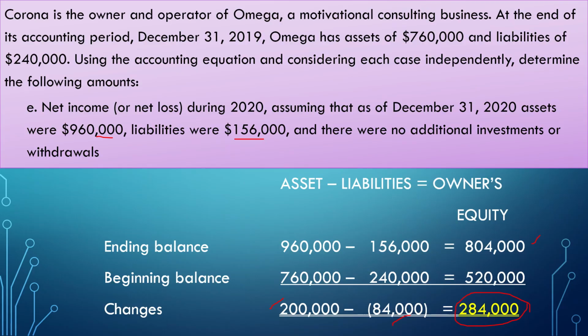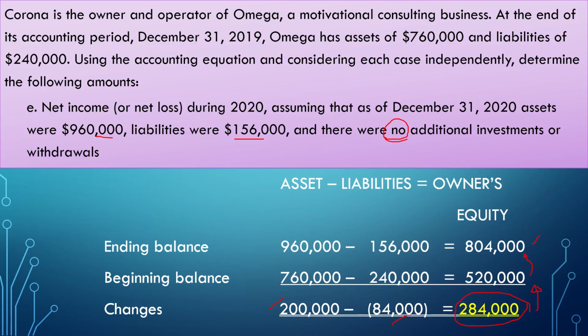So it happens that it's 520 at the start and it ends with 804, right? So it means there's an increase. So what do we mean if we have an increase in asset and there's no withdrawal and no additional investment? So it only affects revenue and expenses.